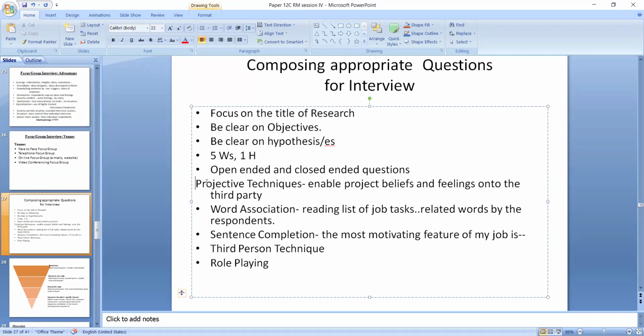For example, once when I was conducting batches and batches at Bajaj Tempo, now the name is Force Motors, for their performance appraisal, there was one manager's batch whose appraisal was being done through a variety of methods.